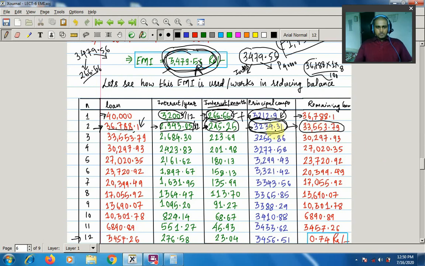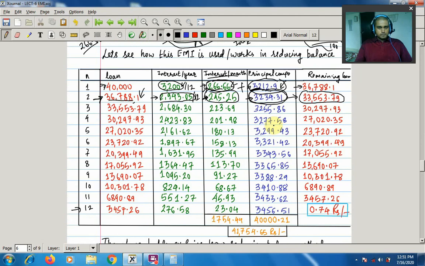And you can do this process every time. So 33,000 comes here. Then I will calculate interest for a year, divide this by 12, then I get the monthly installment. This is gone.